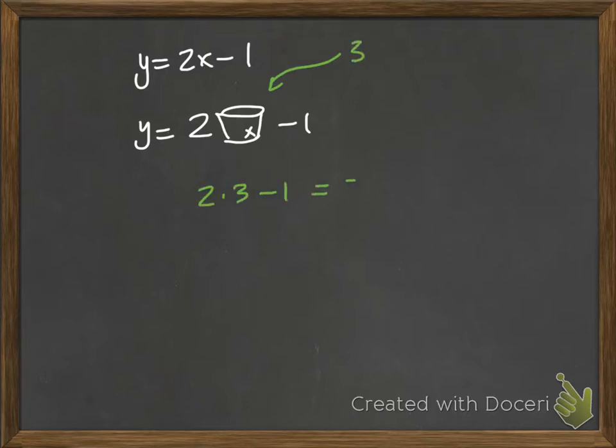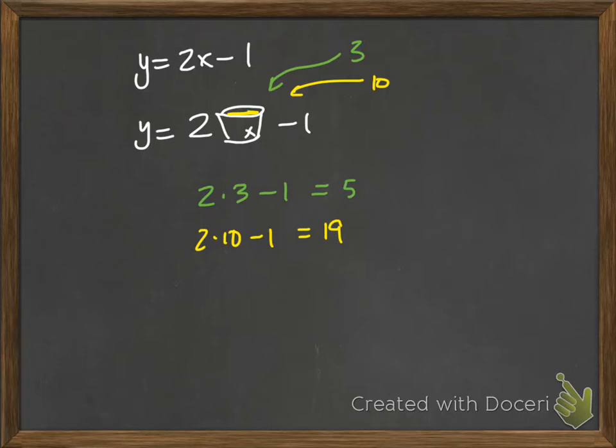We already did that one, that's 5. I could put a 10 in my bucket. That would be 2 times 10 minus 1, so that would be 19, right? Because 20 minus 1. All we're doing is putting stuff in our bucket, and whatever we have in the bucket, we're multiplying it times 2, and then we subtract 1.